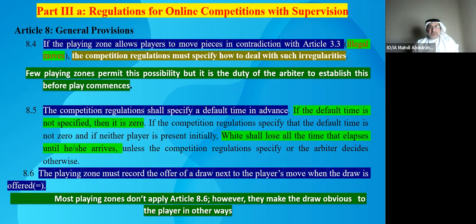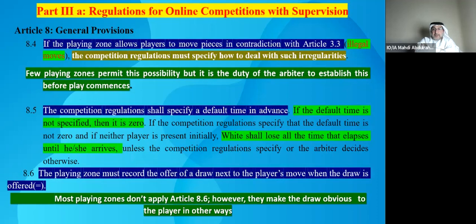Then the competition regulation shall specify a default time in advance, if there is a default time or not. If you say the competition starts the first round, for example, at 3 p.m. every day at 3 p.m., and you mention a default time, for example 50 minutes for classic or standard chess, or 30 minutes or 15 minutes, then the time will run until 50 minutes or 30 minutes.